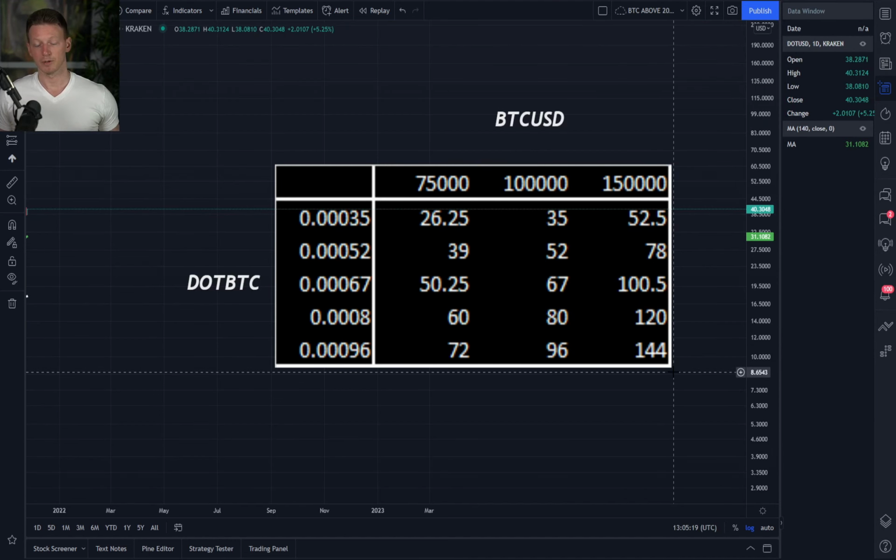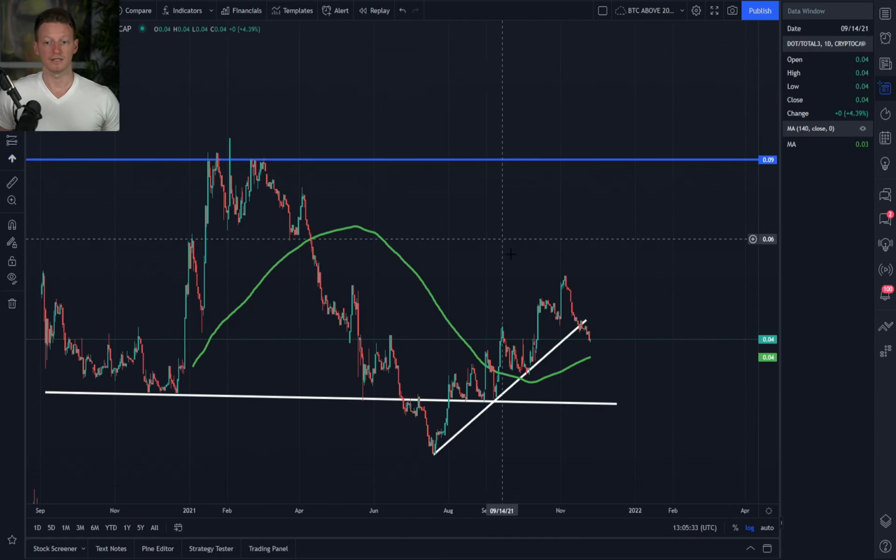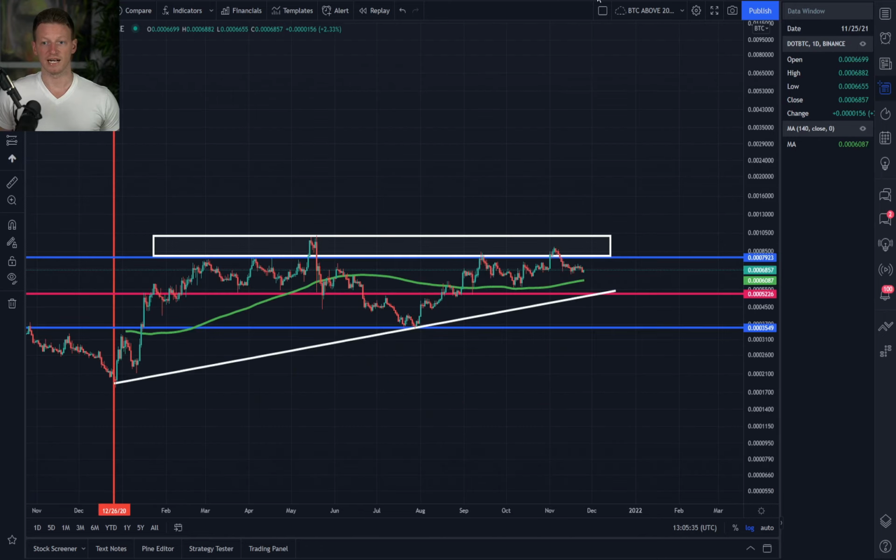But personally, I like to play on the conservative side. So if we were able to get to $100,000 Bitcoin, I would be thinking this $100 mark would be a pretty good mark in my mind, because I would be looking for Polkadot to sort of stay in this range with respect to Bitcoin.